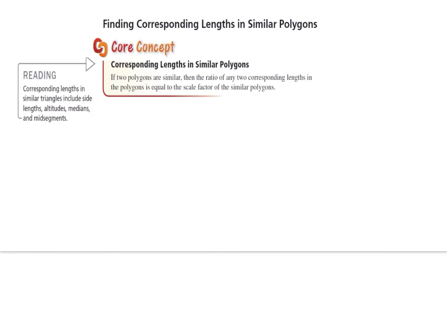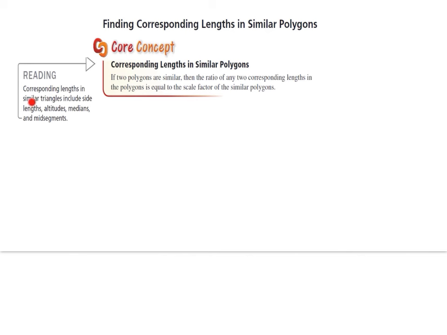So after looking at that example, here's another core concept. When you're finding corresponding lengths in similar polygons, if two polygons are similar, then the ratio of any two corresponding lengths in the polygon is equal to the scale factor of the similar polygon. And this includes any parts of the figure.